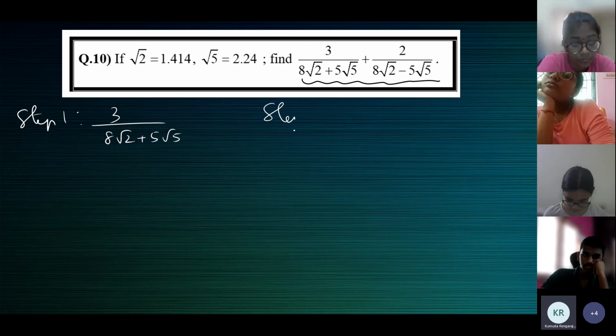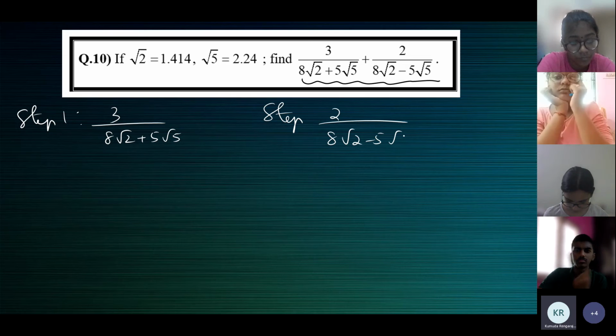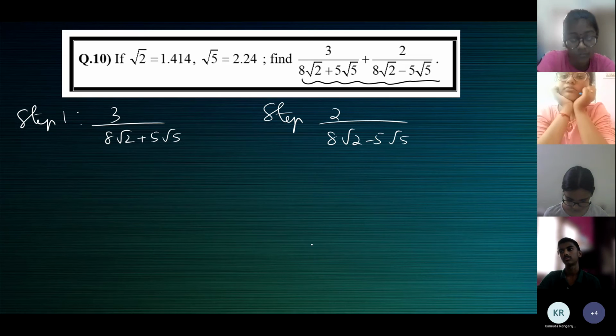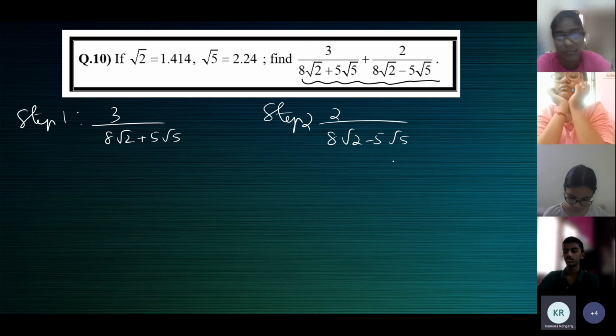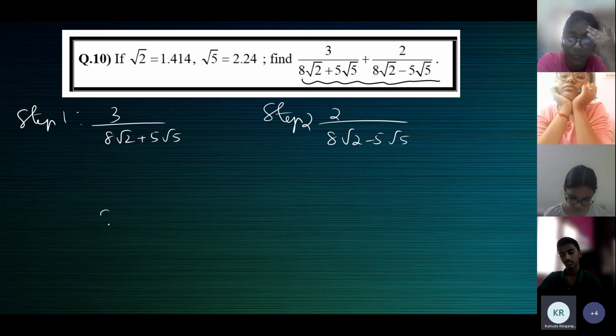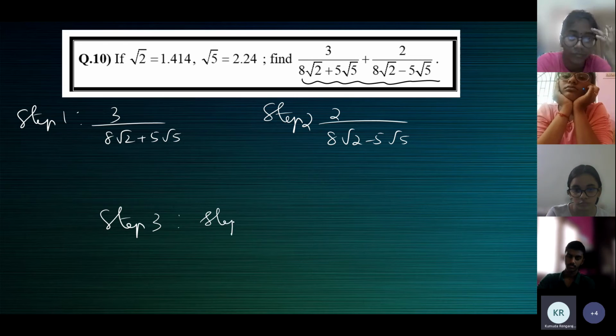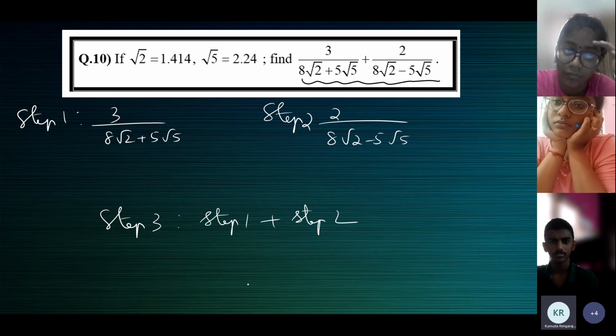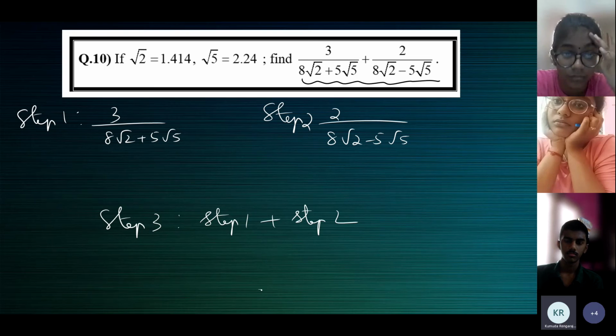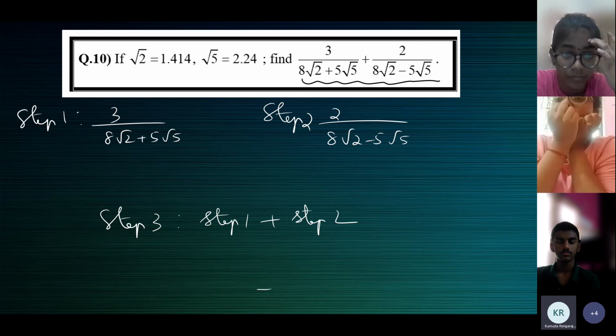In step 2, you can take up 2 by 8 root 2 minus 5 root 5 and rationalize this. And in step 3, whatever answer you got in step 1 plus whatever answer you got in step 2, you will get a new expression. In that one, you should substitute the value of root 2 and root 5 and find the value of this expression.